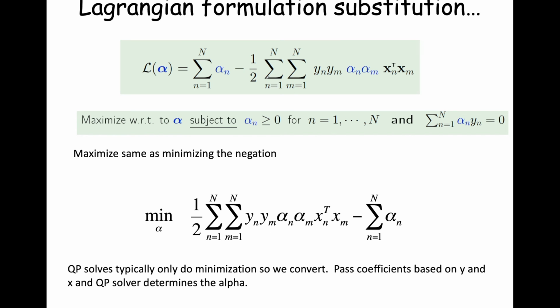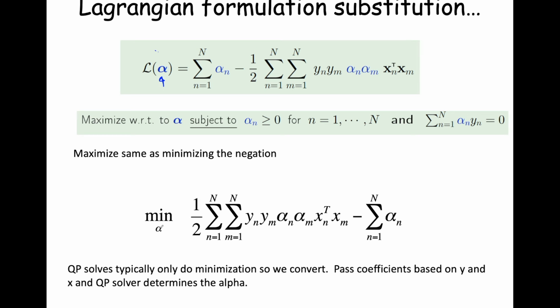So now, if we have this maximization problem, we can find the equivalent maximizing alpha if we multiply this by -1, turning it into a minimization problem, and multiplication by -1 is a monotonic transform. And so if we do that multiplication by -1, this is our equivalent minimization problem.